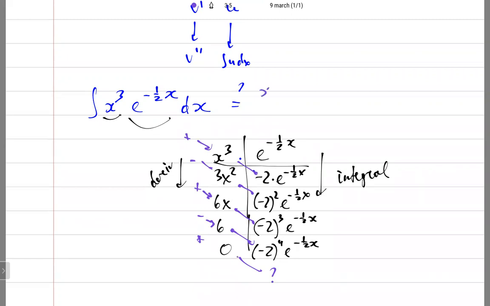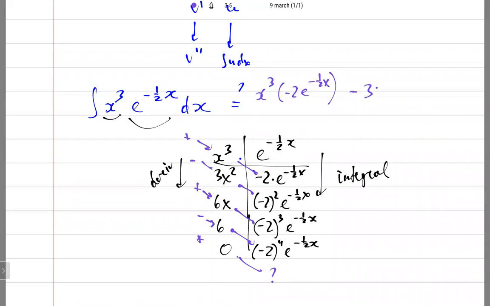It will be x cubed times minus 2 exponent minus 1 over 2x. This one with plus.